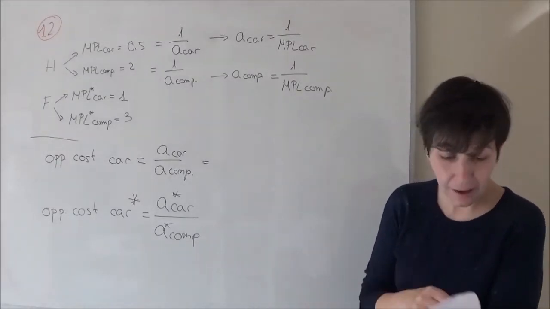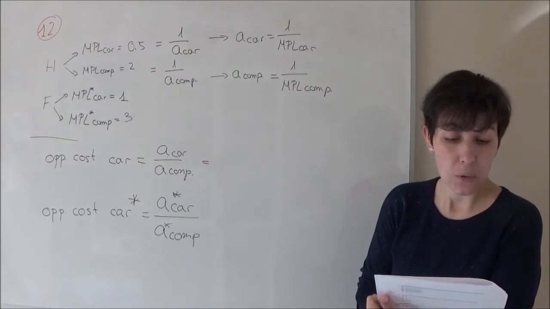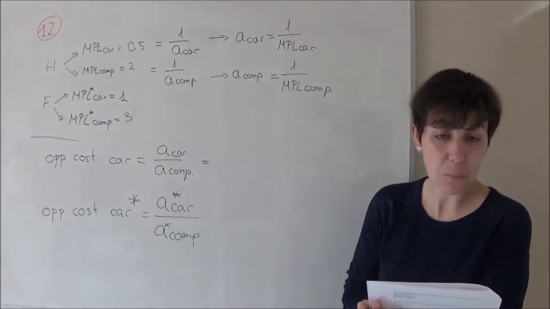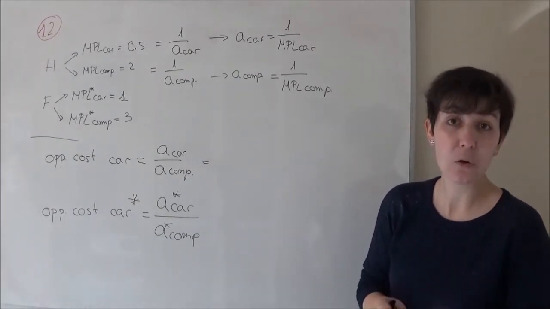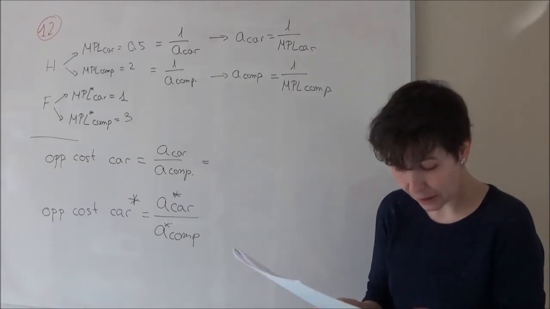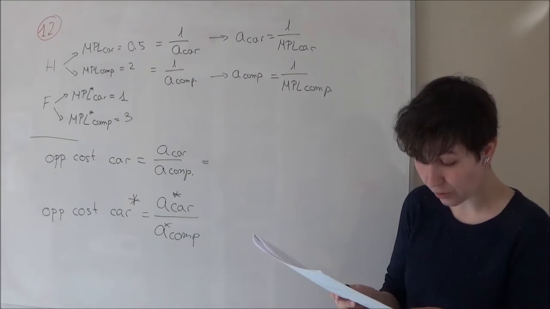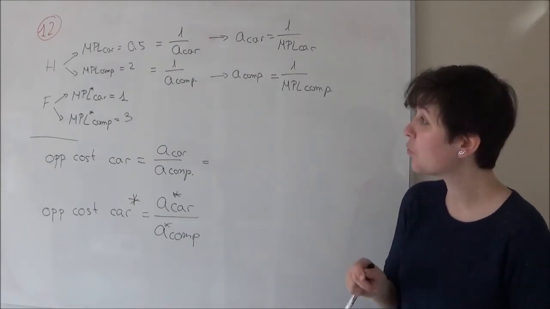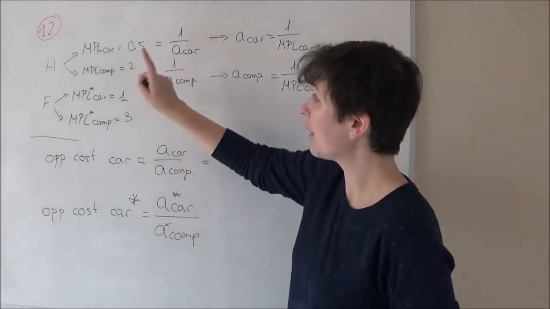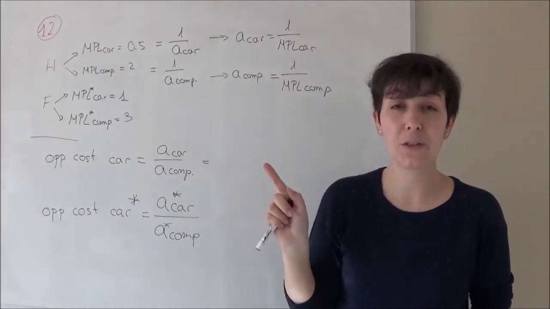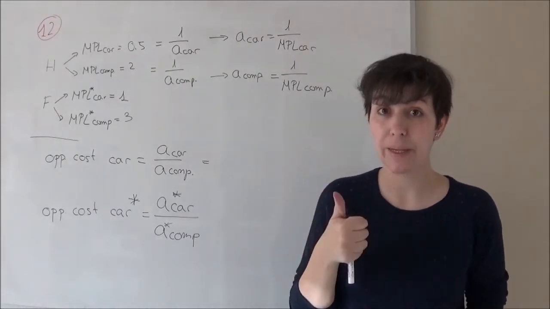And the right answer is B, where B is telling us that both B and C are correct. Let's see B and C. B, foreign economy has an absolute advantage in the production of cars and computers. That is right, because, well, keep in mind that this is productivity, so the higher the value, the better.